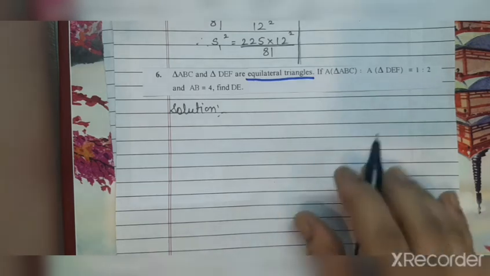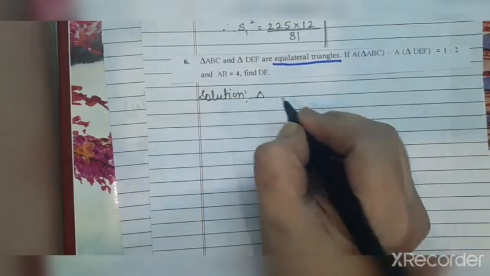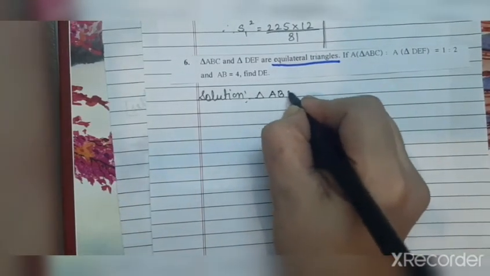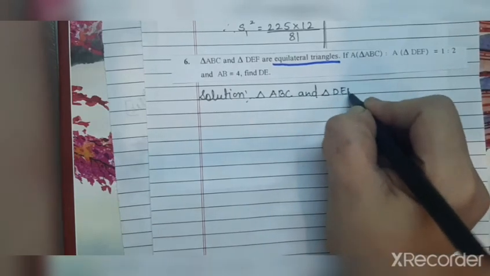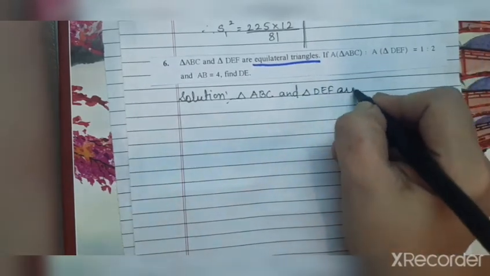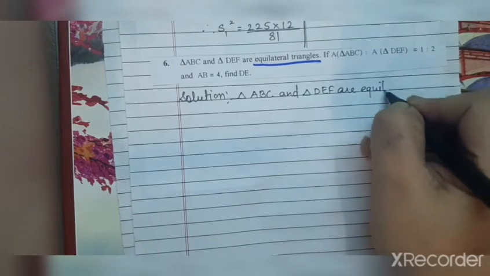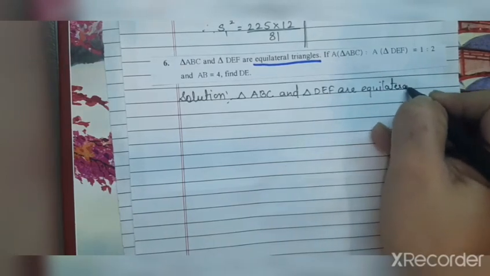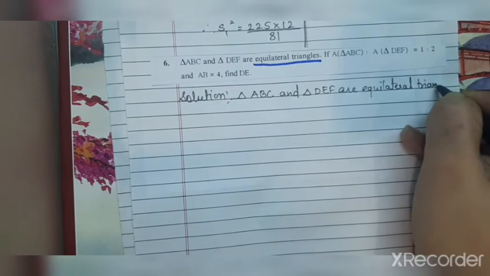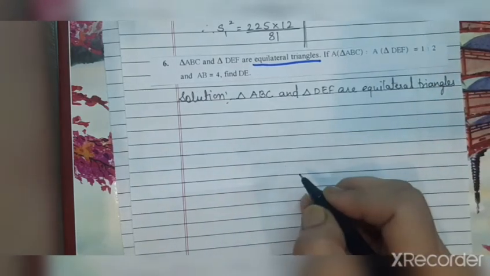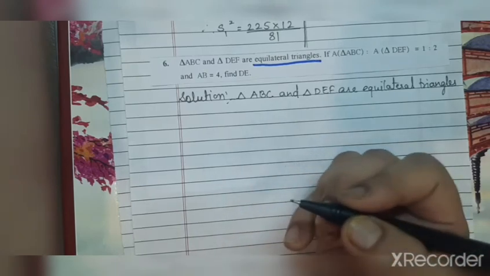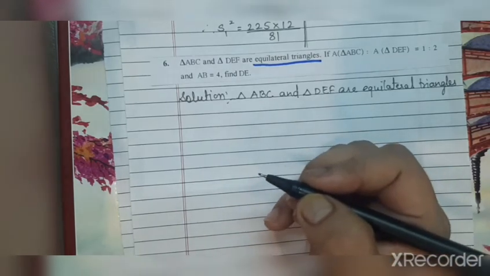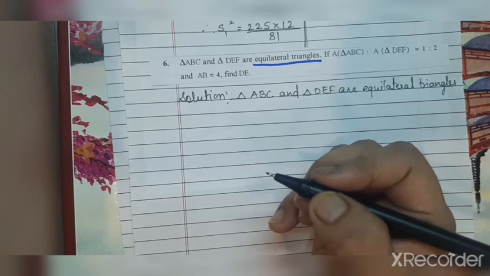Let's see. Now they have given triangle ABC and triangle DEF are equilateral triangles. If they are equilateral triangles, we have studied that in equilateral triangles the measure of the angle is equal to 60 degree.